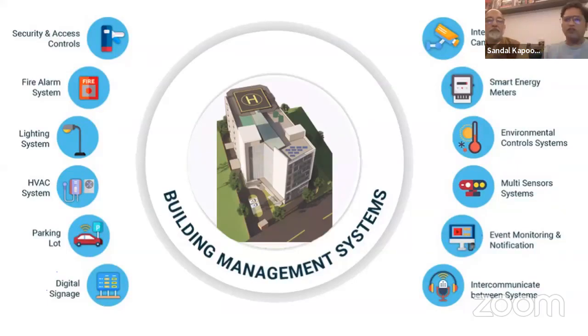All this has to be integrated with a common software that we call building management systems. So we have to have a central command and control station wherein the fire control, the building management, the building controls, all these come together to make a green, smart, safe hospital.